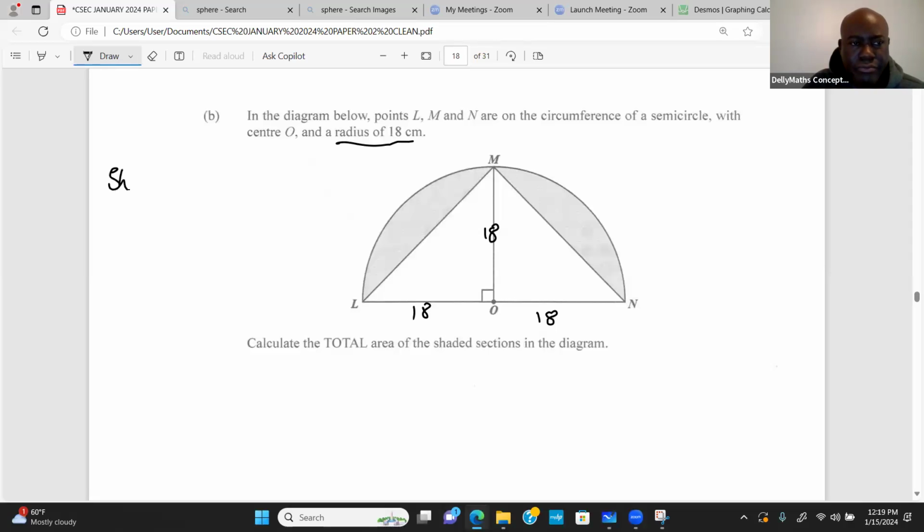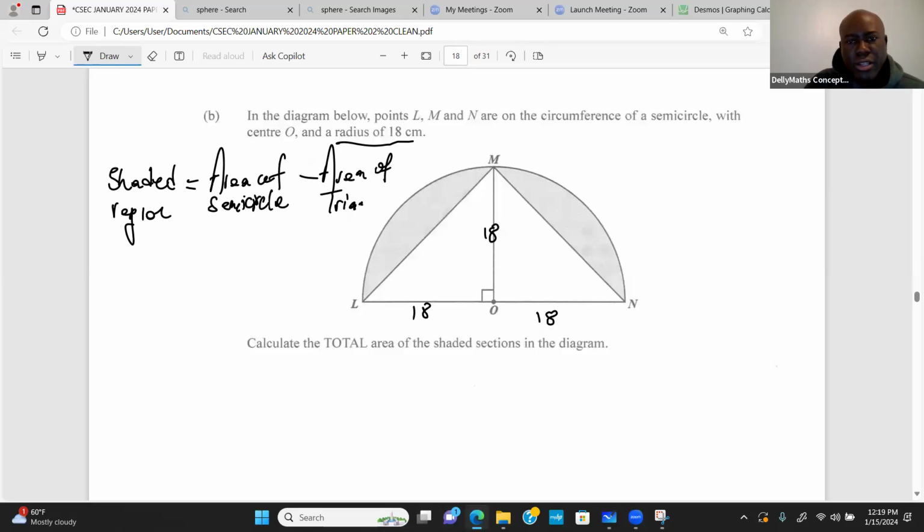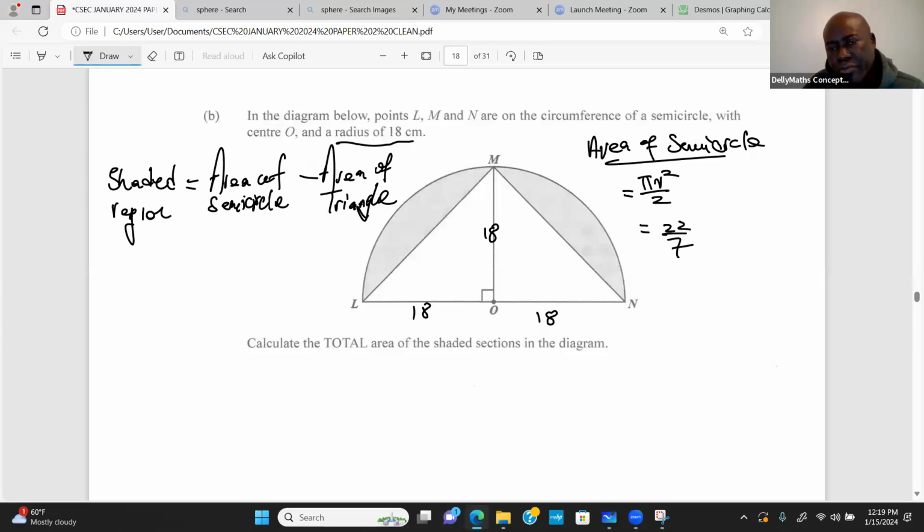So we could write that the shaded region is equal to the area of the semicircle minus the area of the triangle. So let's find them. Let's find the area of a semicircle. That is going to equal pi r squared over 2, 22 over 7.